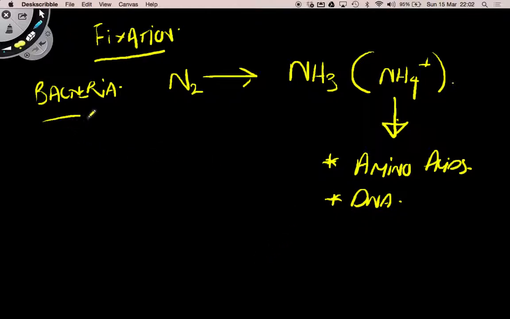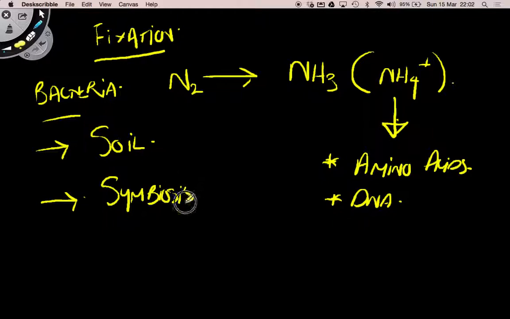Now these bacteria usually live freely in the soil, but some have developed a rather interesting symbiotic relationship with plants, certain types of plants called leguminous plants.